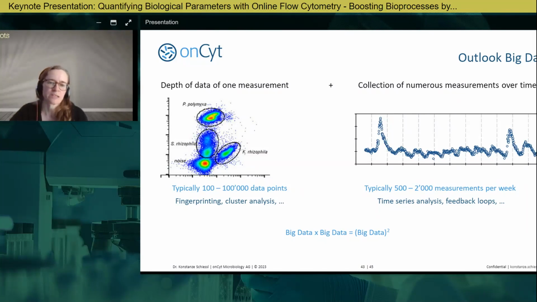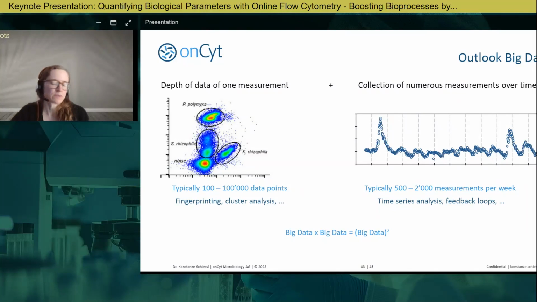As this example on the left shows, within one measurement you already get a lot of information on each cell. Typically we collect at least 100, but up to 100,000 data points within one measurement. And each data point has several dimensions.